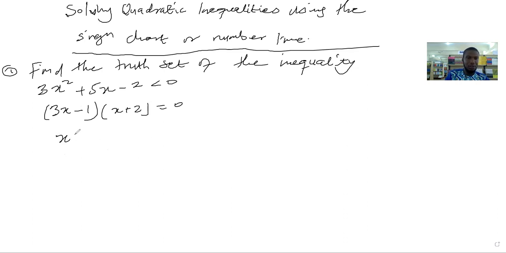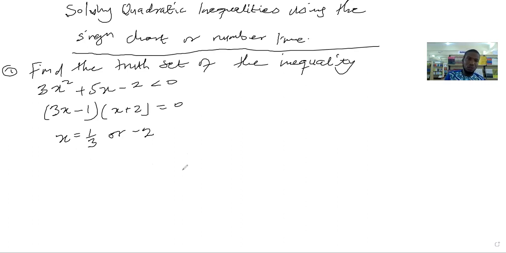And the zeros will be x equals 1/3 or -2.